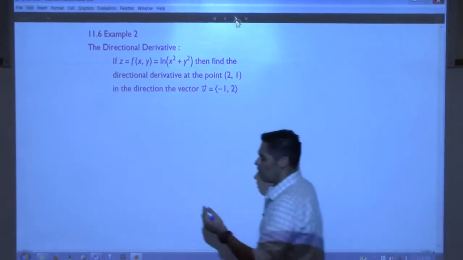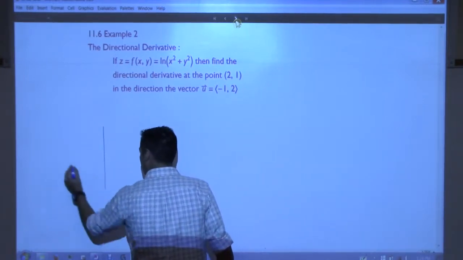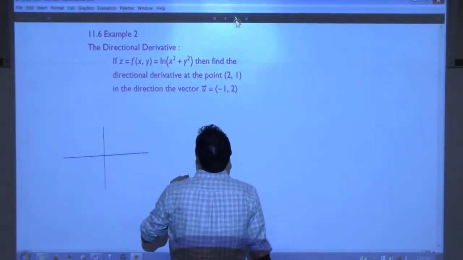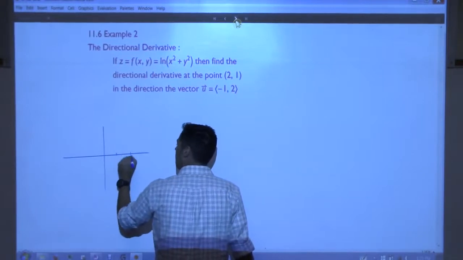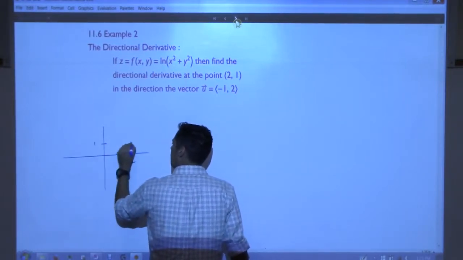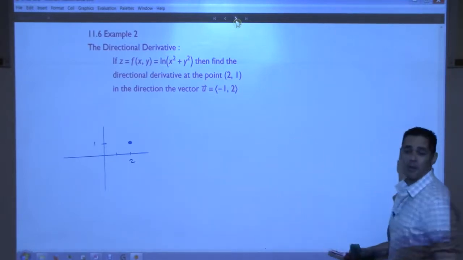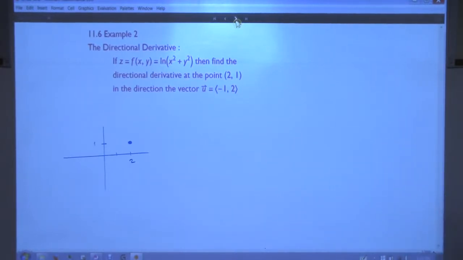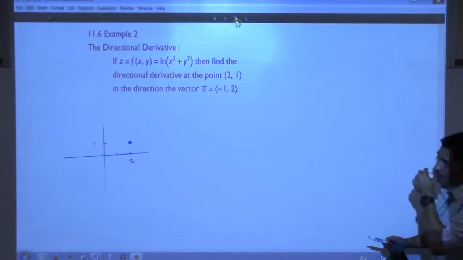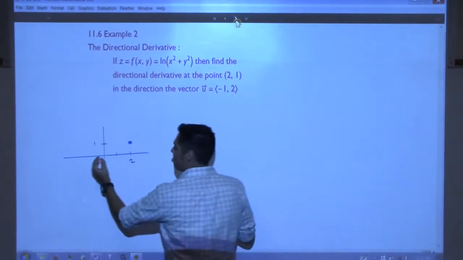So I'm going to go back and draw the domain again. The point that I'm at is (2, 1). The direction vector, which is completely separate from the point and has nothing to do with the point, is the vector (-1, 2).